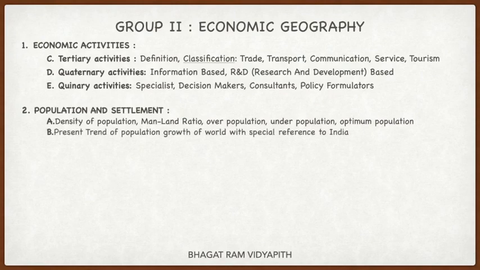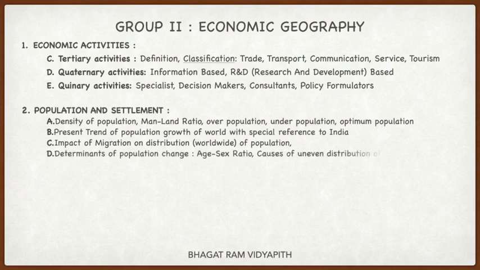The present trend of population growth of the world with special reference to India, impact of migration on distribution of world population, determination of population change, for instance, age and sex ratio, causes of uneven distribution of population, demographic transition model, where we talk about the present status of India.